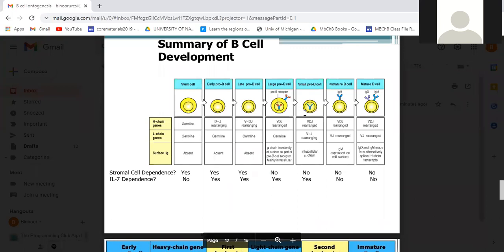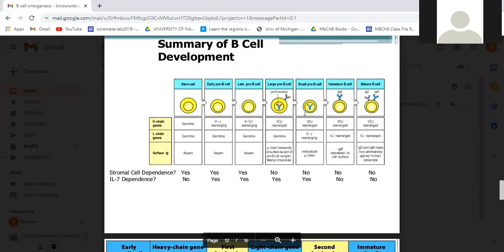table indicates. So the light chain, you can also see the comparison where it begins, and then the surface immunoglobulin, which we have said actually begins to appear from the pre-B stage till maturity. Then you can have the dependence on the stromal cells, whether they are key in which process, and that gives you the contrast where interleukin 7 is dependent or is not required.